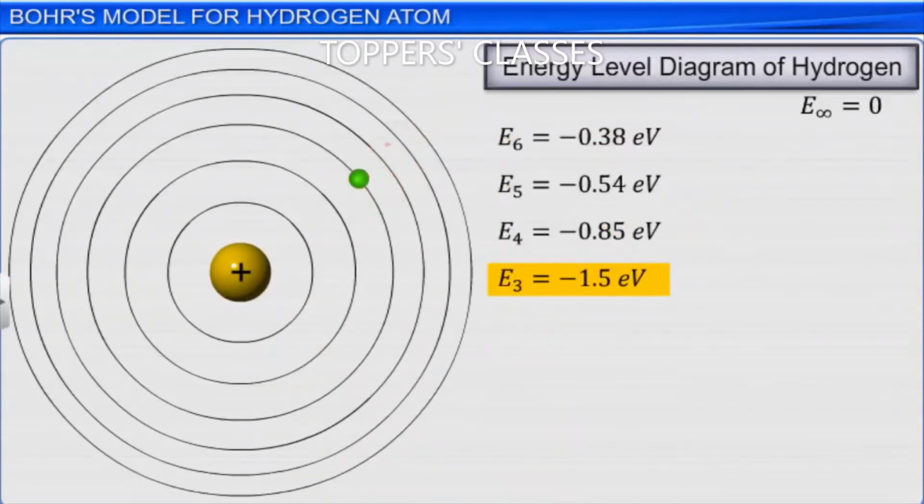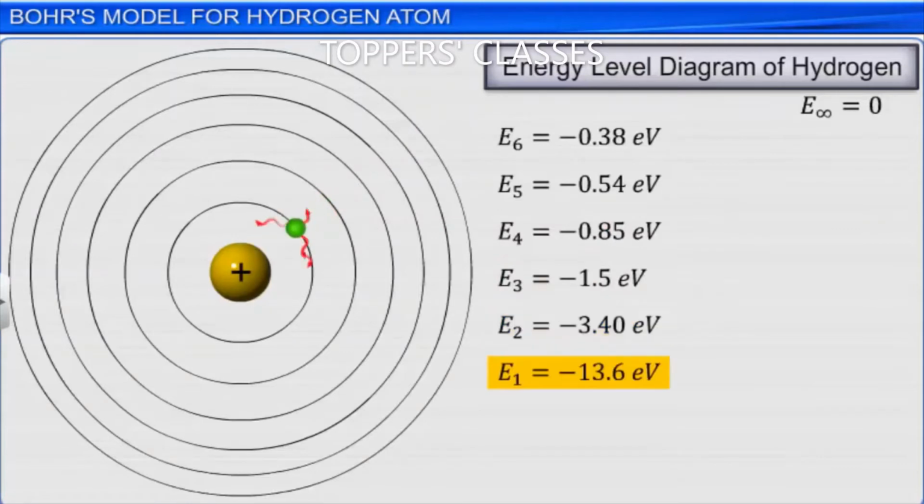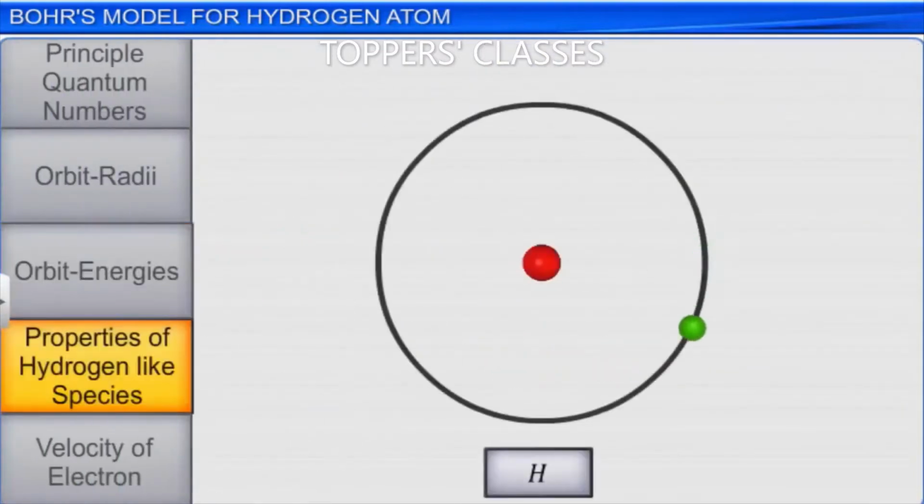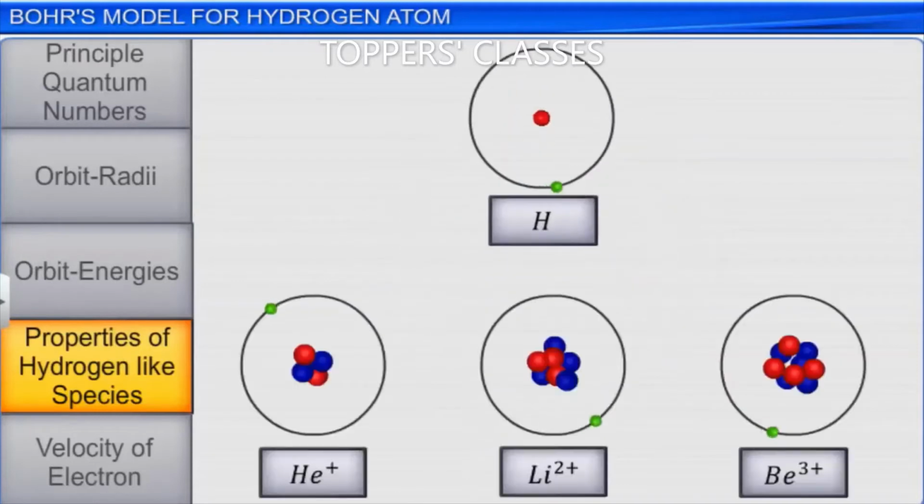Bohr's theory also applies to other ions which are isoelectronic with hydrogen, such as He+, Li2+, and Be3+ ions that contain 1 electron each.